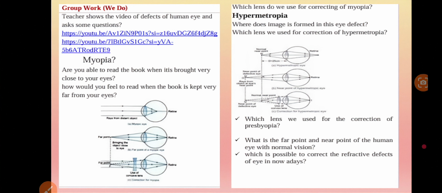Are you able to see this object when it is kept at this point, and if the object is kept very near to your eye, can you see this one? Why is the convex lens used to correct hypermetropia? Why is the concave lens used to correct myopia? Likewise, you have to pose some questions and release the gradual responsibility to the students.